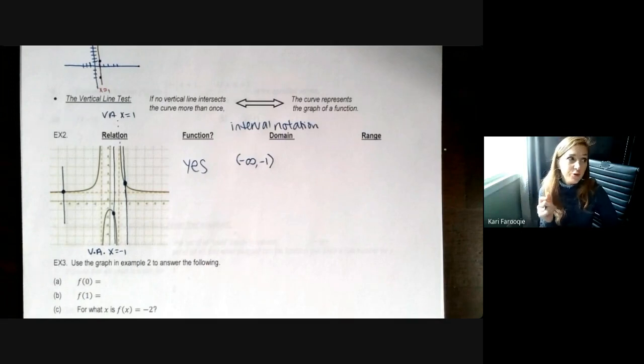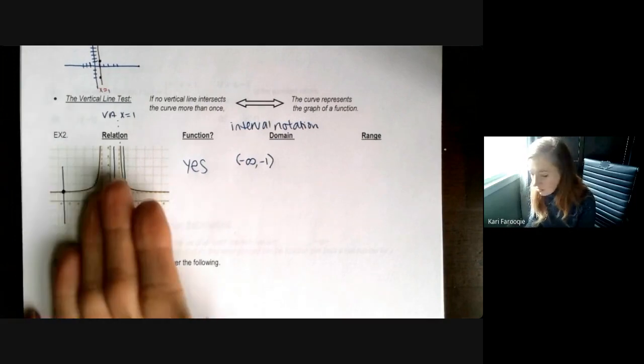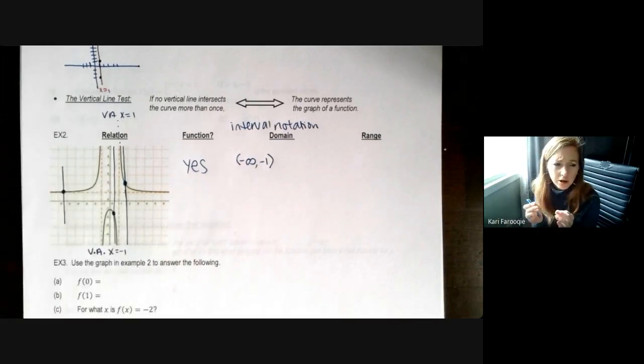So like -1.1, -1.01, -1.001. We can get so close, but we can't get to -1. And we'll talk about that concept a little bit more when we start talking about limits. We can get infinitesimally close to -1, but we can't actually exist at -1.